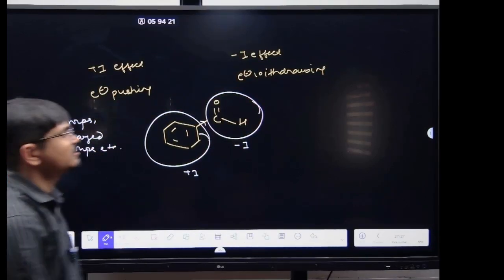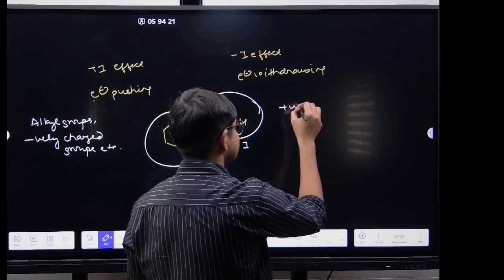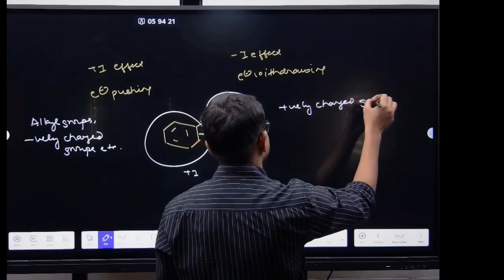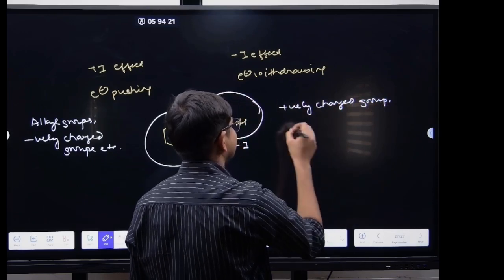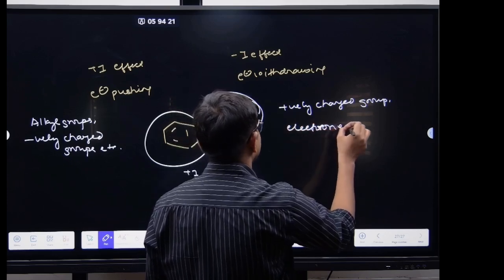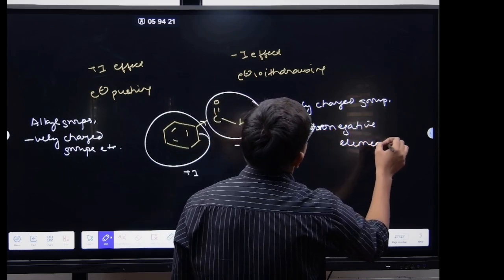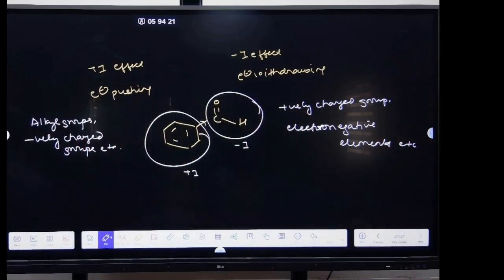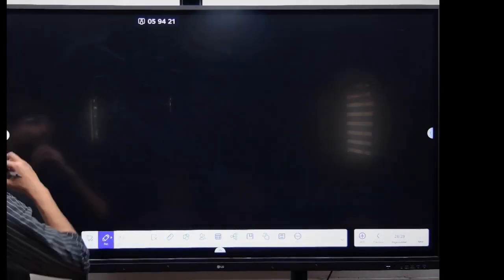Whereas in this case, minus I effect will be shown by positively charged groups, and the electronegative elements will show the minus I effect. Clear?